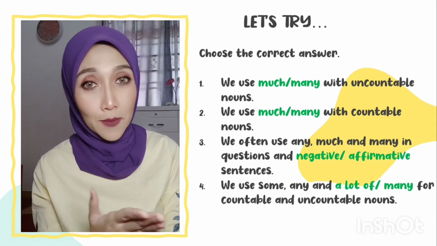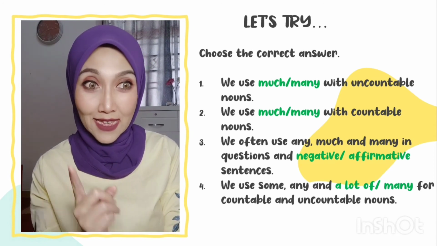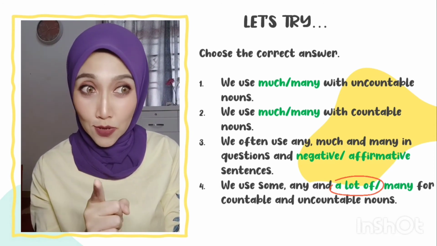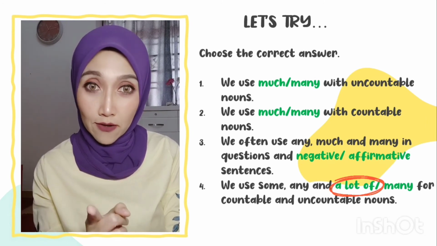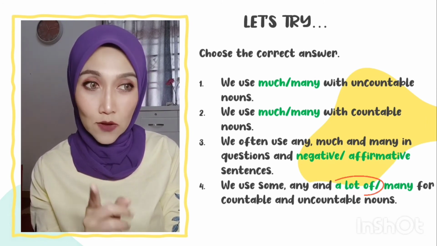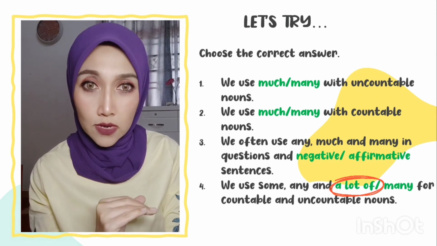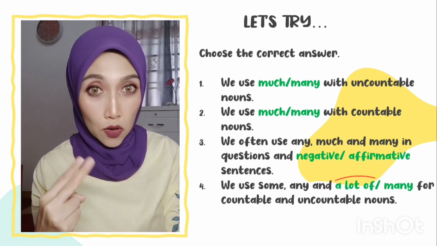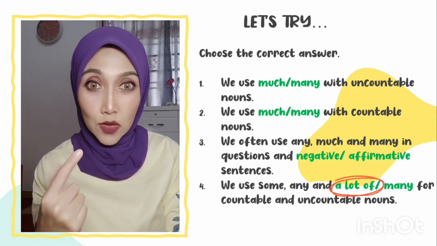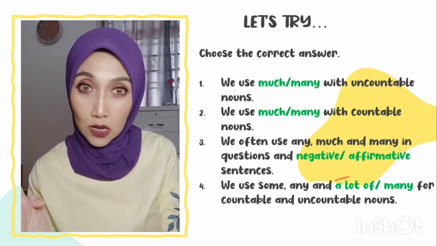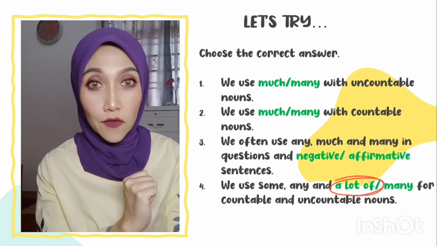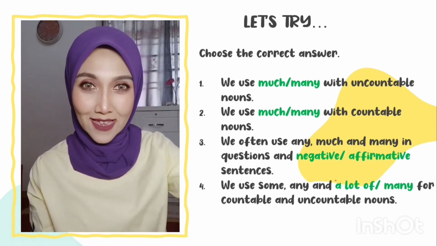A lot of or many? Definitely a lot of, because I told you before, many is only for countable nouns. Many untuk countable nouns je. Means a lot of we can use for both. Refer to previous slide, you will see we use a lot of for countable and we also use a lot of for uncountable. Okay?